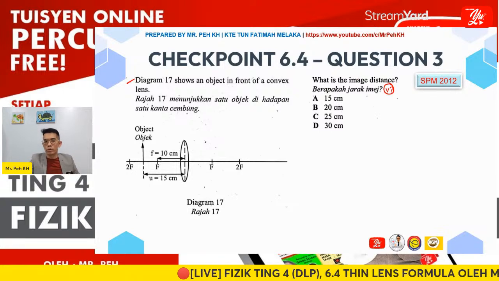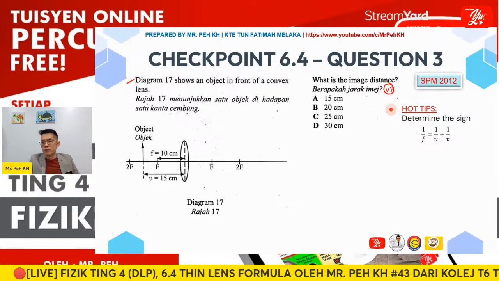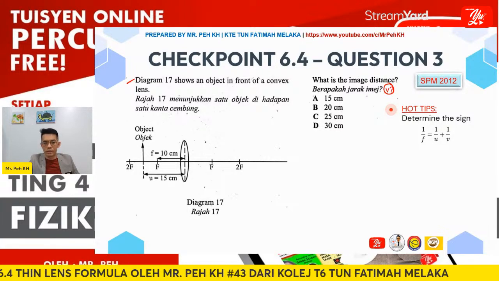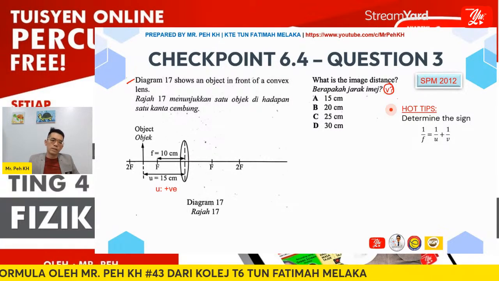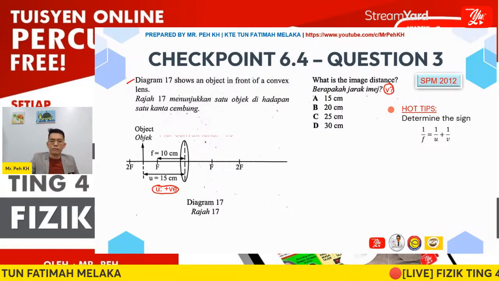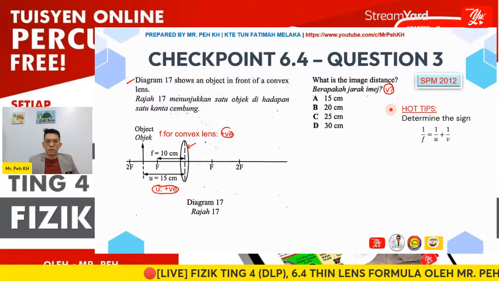Here we are going to apply the one and only formula, and you need to determine the sign, positive or negative. You can see U is always positive, which is 15. And the focal length here is positive because this is a convex lens.